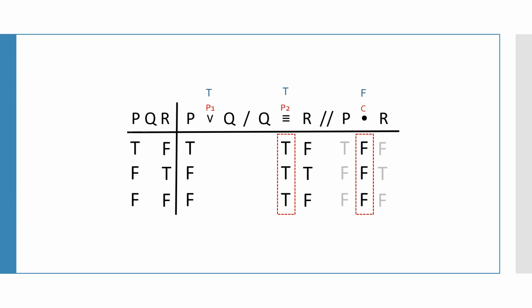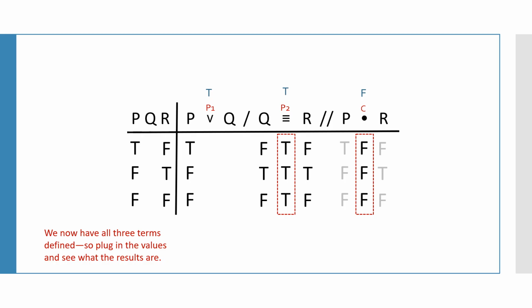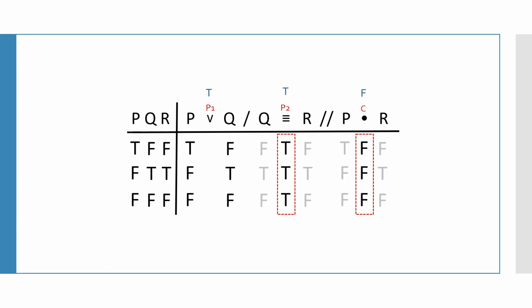So since I need to make this premise true, I now know the truth value of Q would have to be exactly what R says. So Q has to be false, true, false in order, just like we see with R. And now we have all 3 terms defined. So I now know exactly what P, Q, and R would possibly be in all 3 of our possible situations.